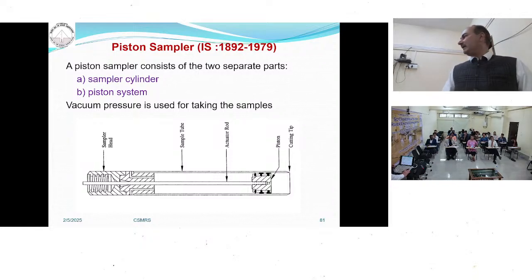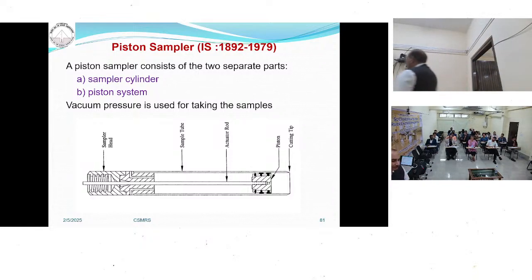But for your information, this is a picture of a piston sampler. The piston is here. What we do is push the rod and take it out of here. After that, we insert this tube into the ground, and the piston touches the top of your sample.